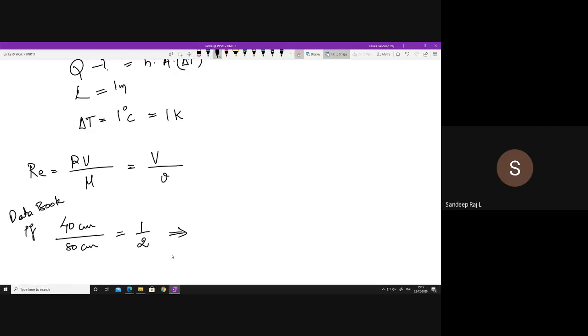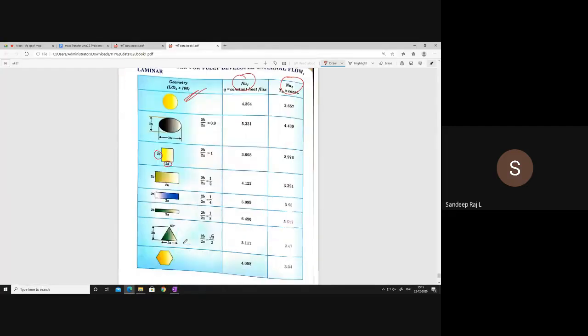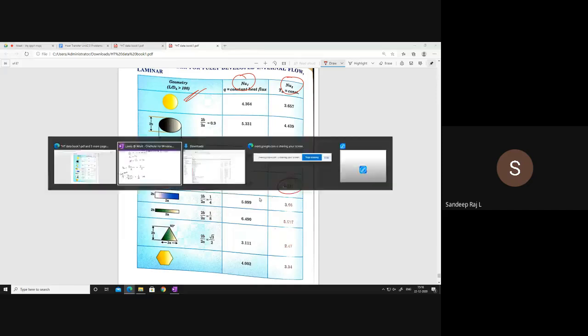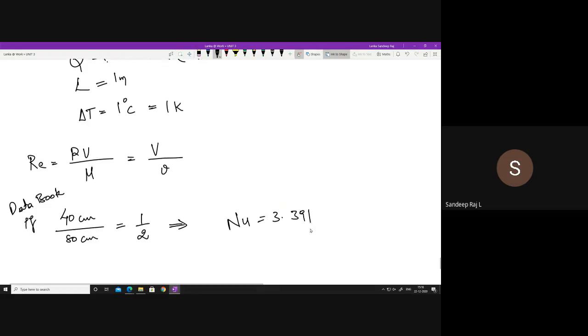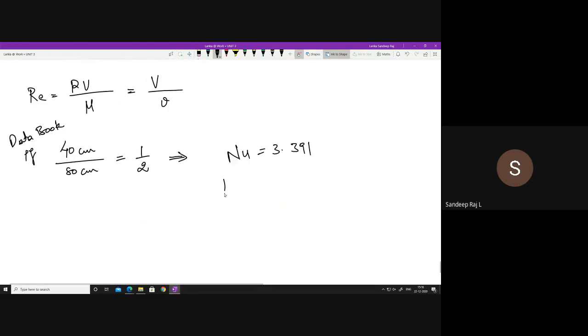1 by 2 implies, what is the Nu value in case of a constant wall temperature? The value is this one. It is 3.391. So Nu is equal to 3.391, and H into something by K is equal to 3.391.